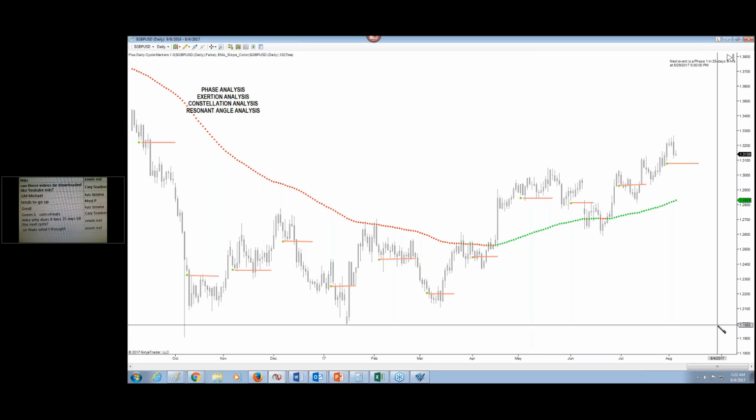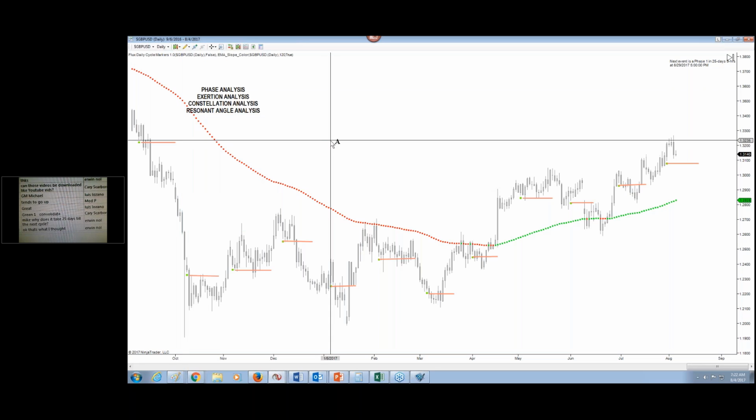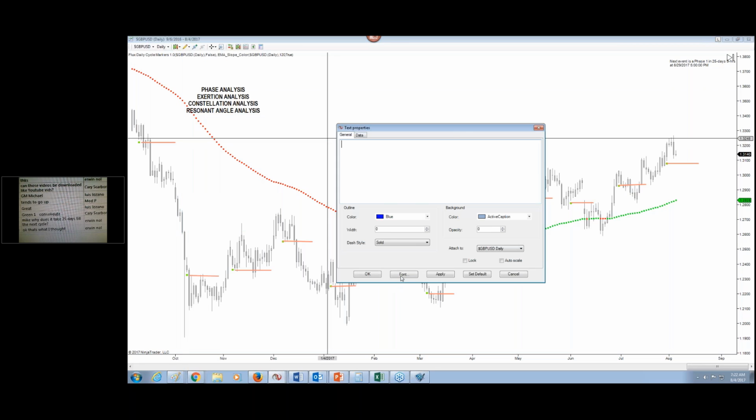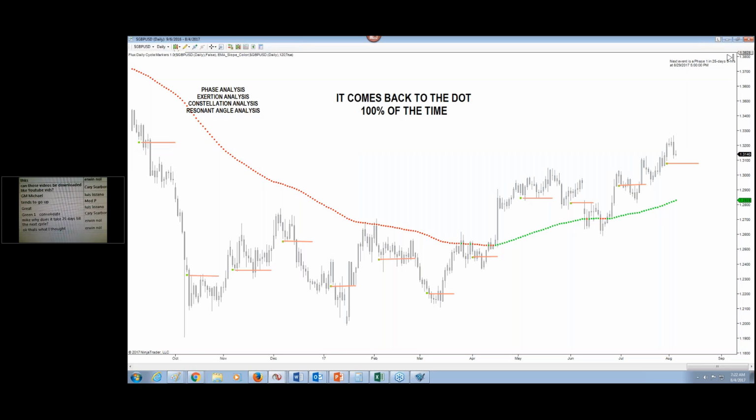One of the things that the phase has in common with all the other phases is its tendency to do one thing. And when I show it to you, you're not going to be able to not see it. It comes back to the dot 100% of the time. Check it out.